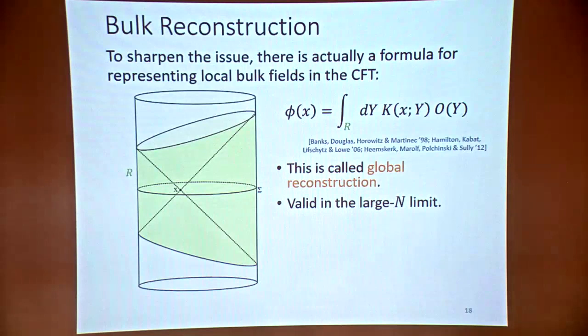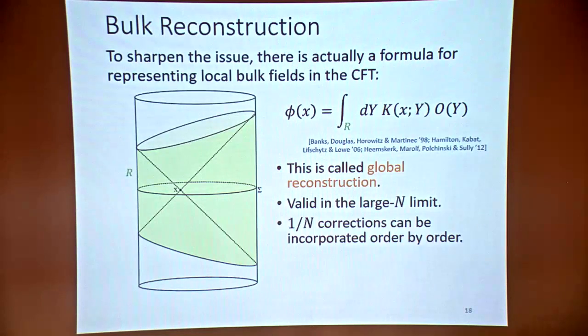And also this is valid in the so-called large N limit, where N is the rank of the gauge group on the boundary. We can improve on this by including 1/N corrections. So there are terms that follow this leading term. These 1/N corrections can be incorporated order by order by essentially calculating Feynman diagrams in this setting.